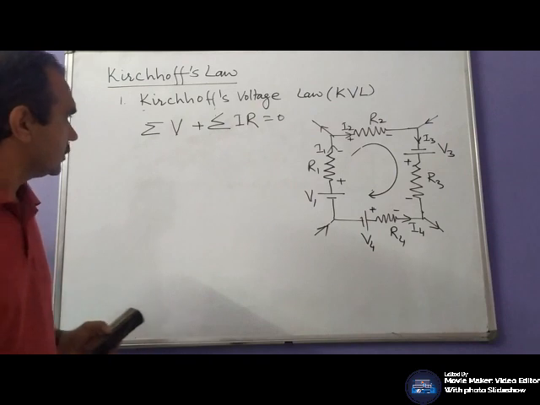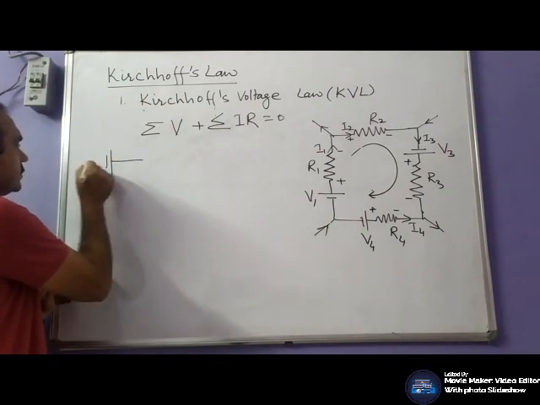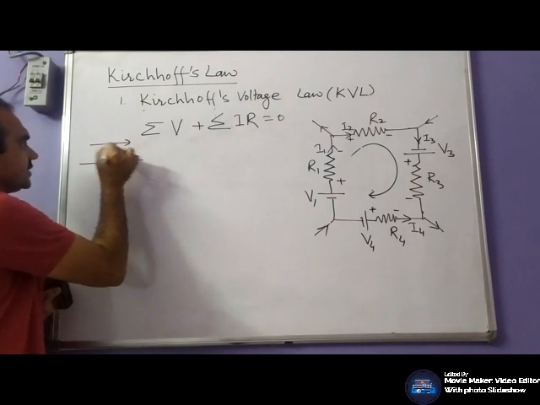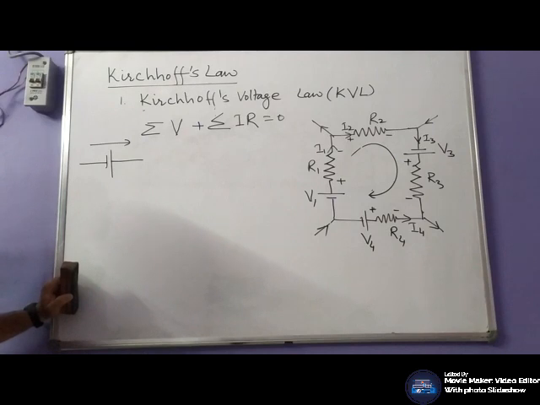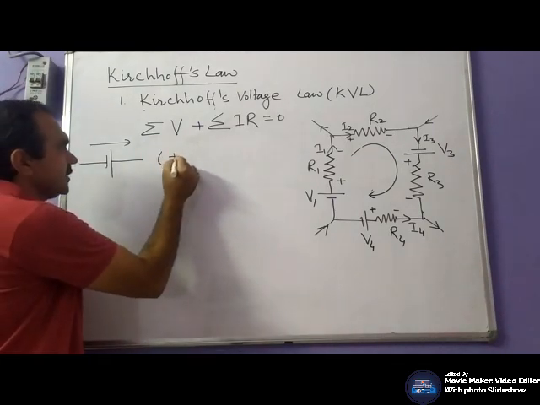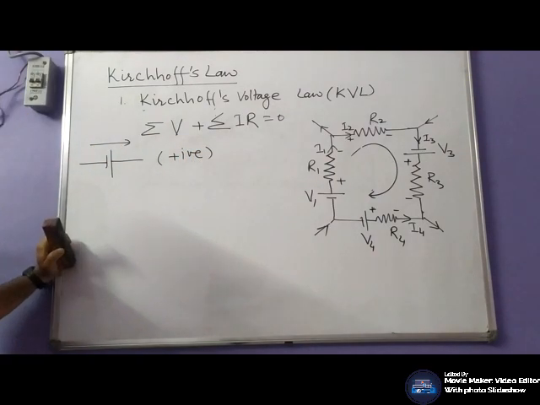Now, for example, this is the source, and you are moving in this direction. We are moving from lower potential to higher. What will we consider? Parameter positive.